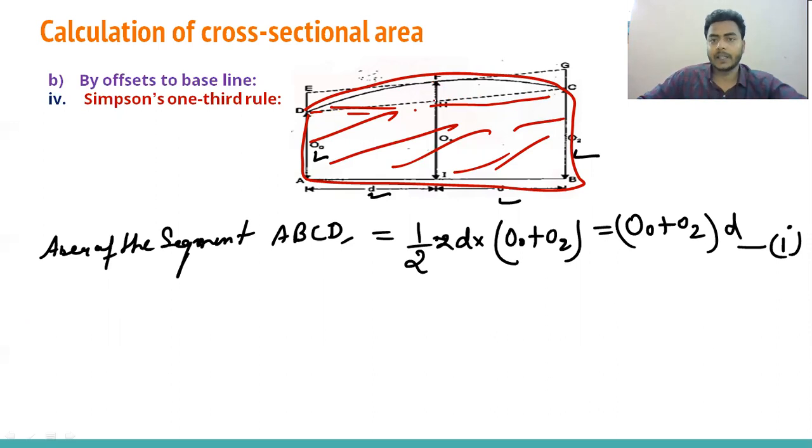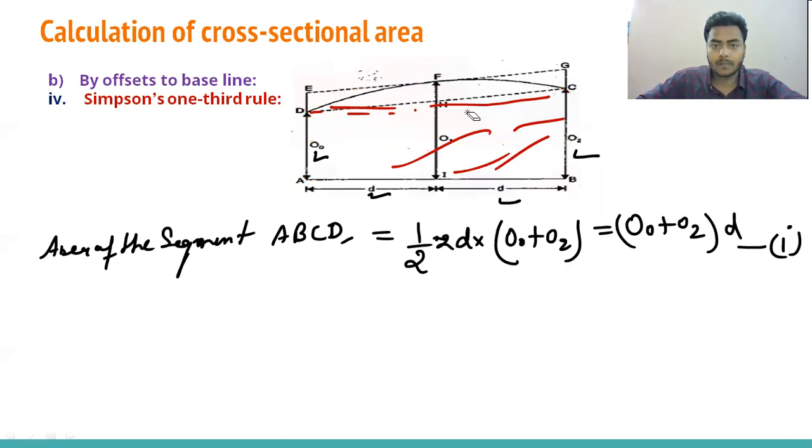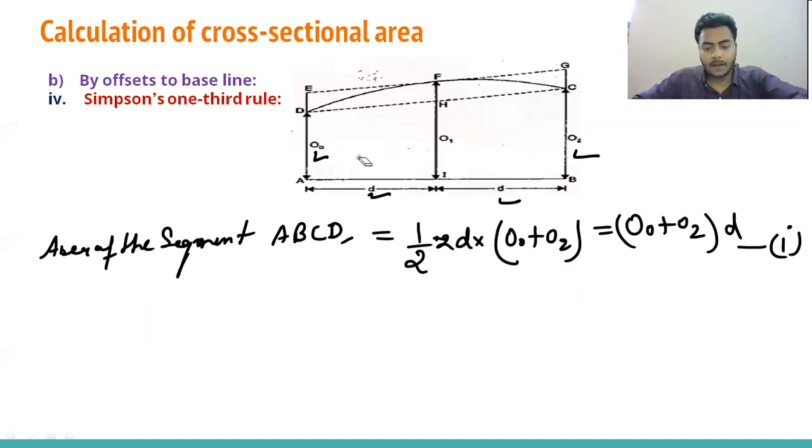DFC. So there is a property that the area of a parabolic arc is two-third of the parallelogram formed by this arc. So that I can write here. Okay. Now I can come here.